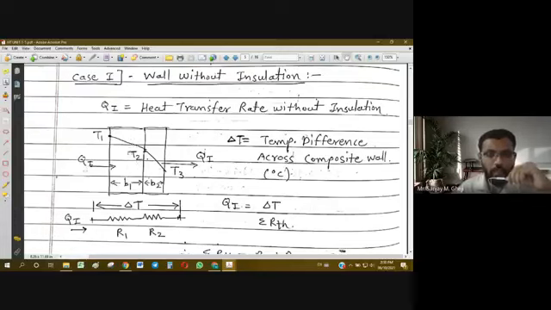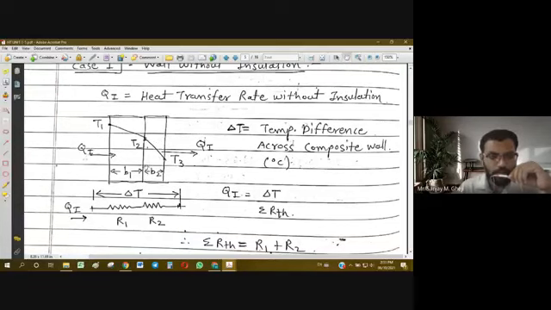This is the existing wall, this is the brick layer, and this is the plaster layer, having thickness B1 and B2. Let us denote the temperatures at every face. T1 is the wall temperature at this point. Then T2 is the interface temperature, in between this layer and this layer. And T3 is the temperature of this wall face. Q1 is the heat conduction flowing through this composite wall.